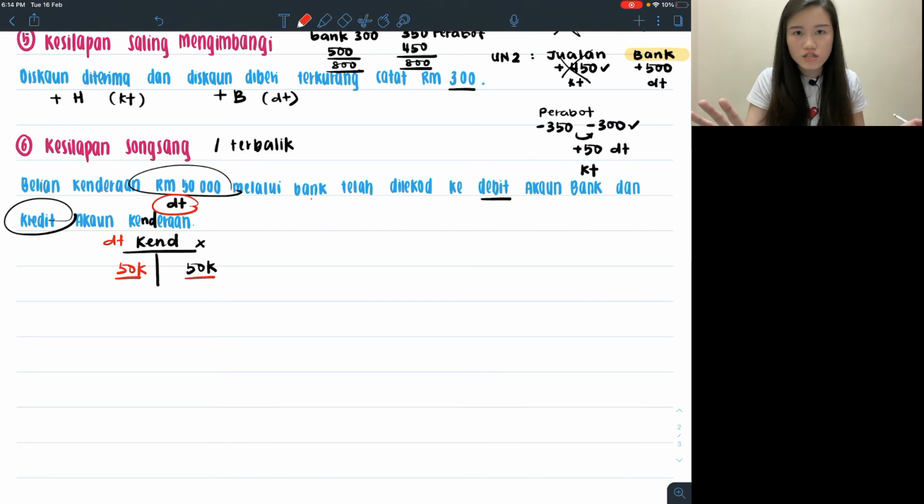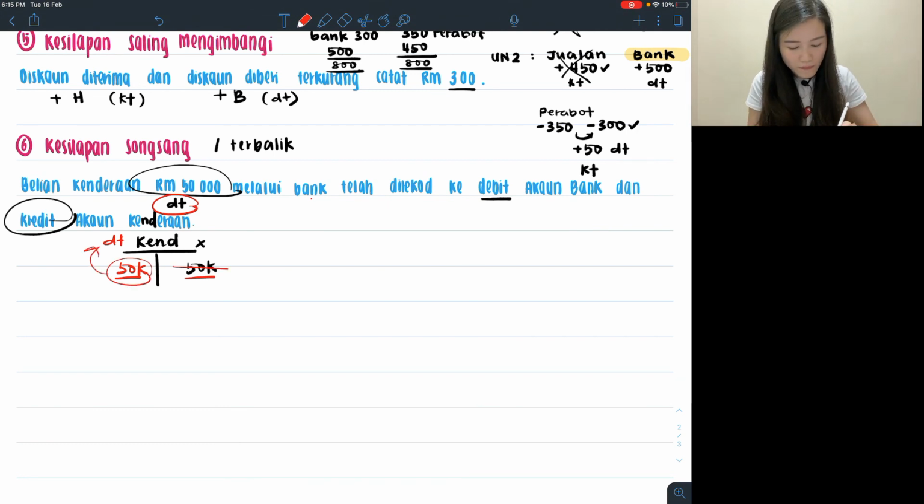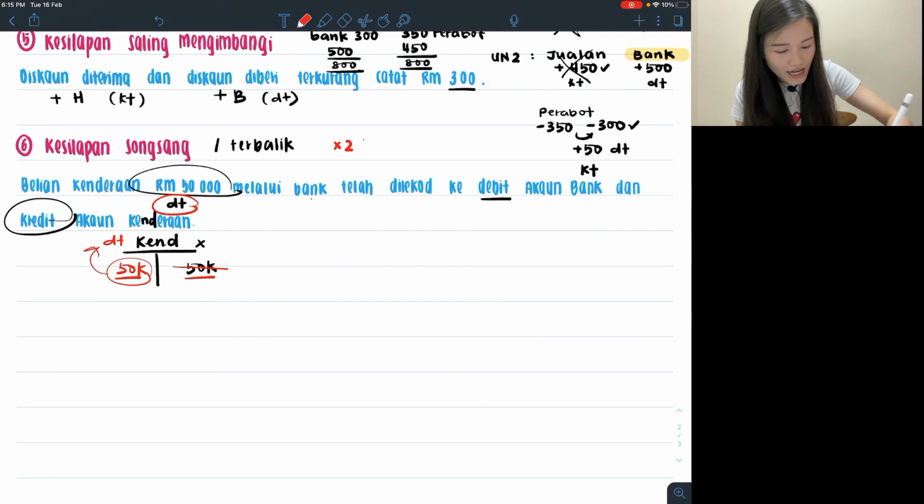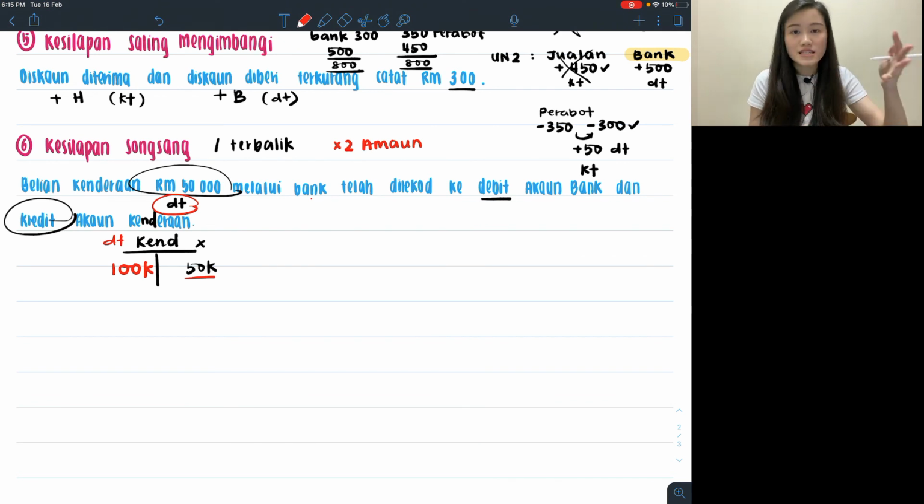I don't want it to just close off. I don't want to just clear this 50,000 away. I also want this 50,000 to appear inside the debit side. So instead of just using back the original amount, for kesilapan songsang, you are supposed to times 2 for the amount. So what happens is when you times 2 it, this is what the number is going to be, 100,000. 100,000 minus 50,000, how much is still left inside your account kenderaan?